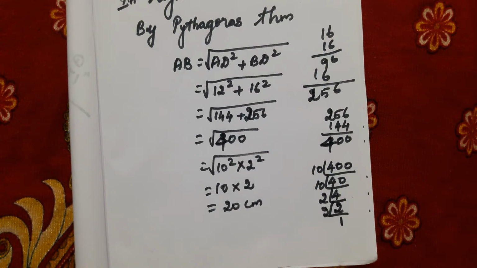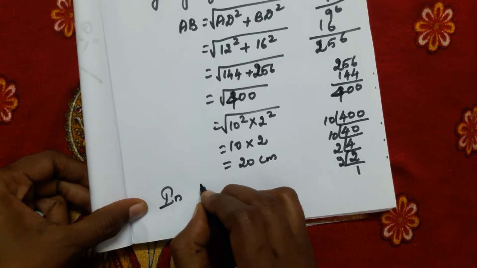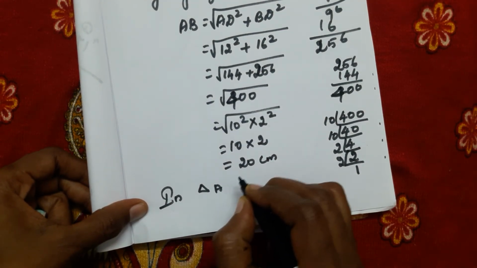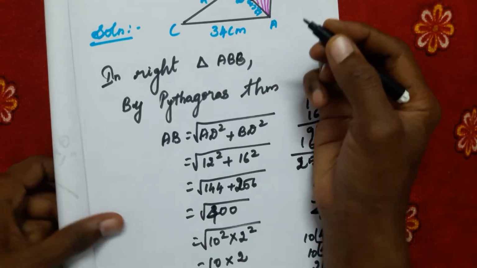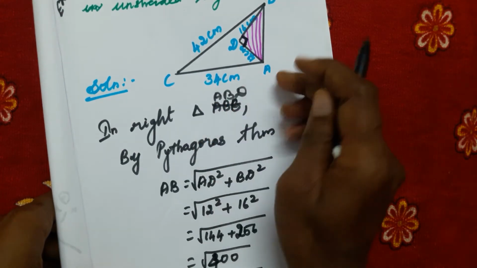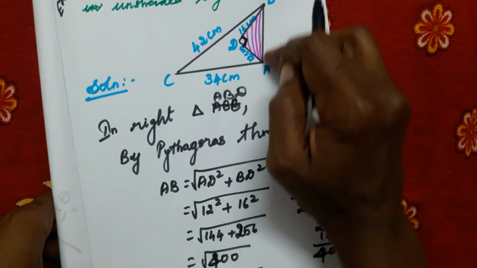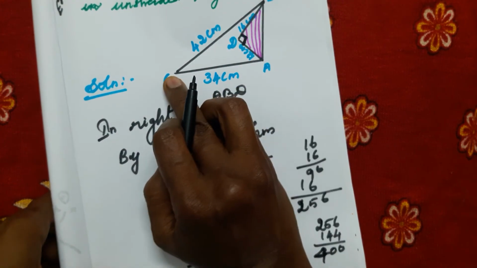Next, in the right triangle ABD, only triangle ABD is a right triangle. ABC is not a right angle triangle.